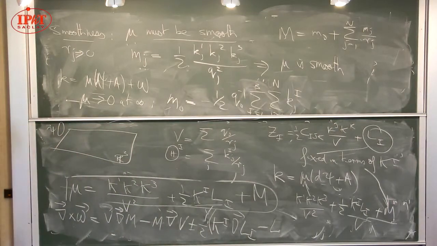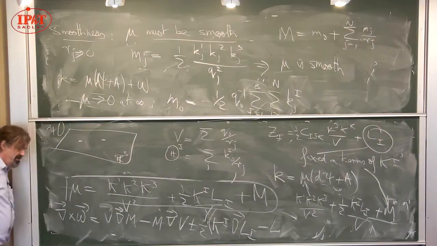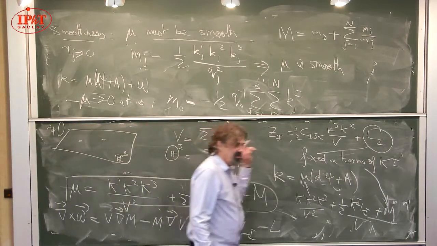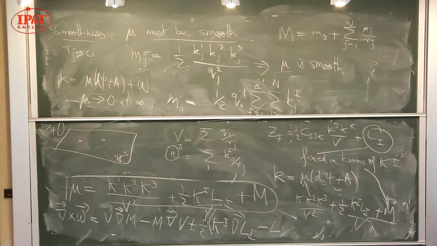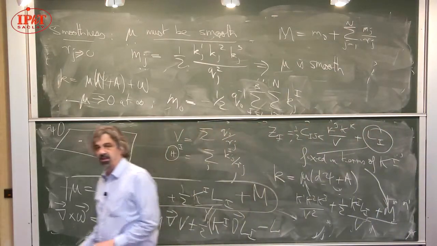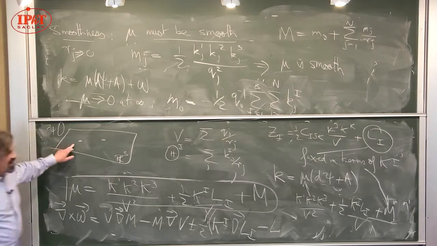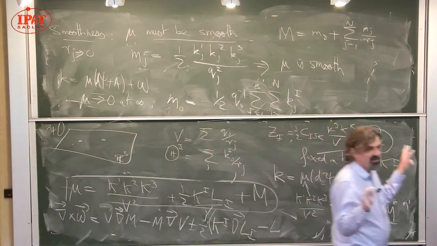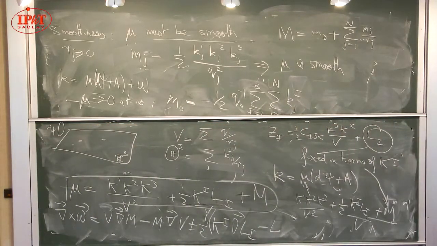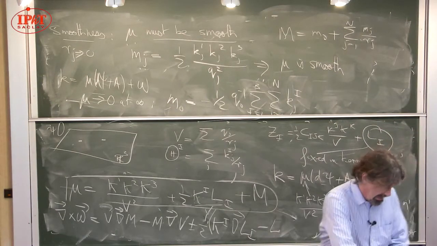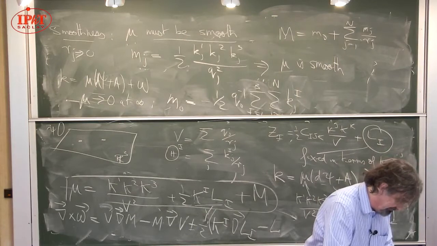So in other words, everything is determined by the geometry of the base, the magnetic fluxes and smoothness. Every other aspect of this solution is fixed rigidly once you've decided where the points are, what the charges are, and what the magnetic fluxes are. Everything can be explicitly solved and explicitly analyzed, and this is a genuine microstate geometry.